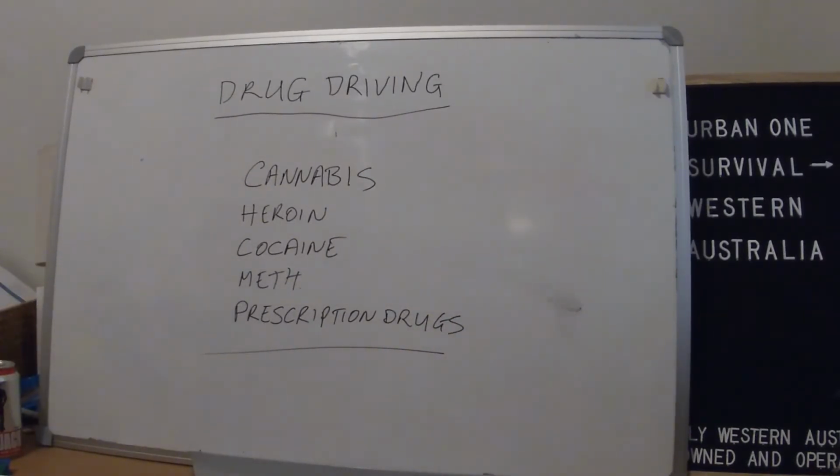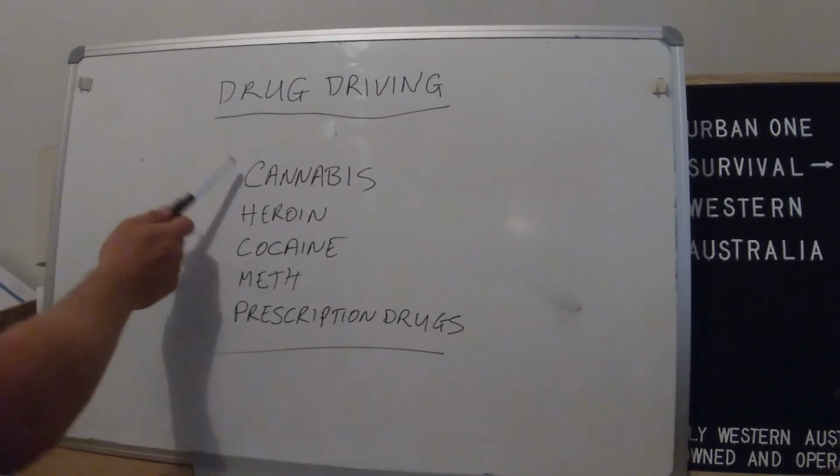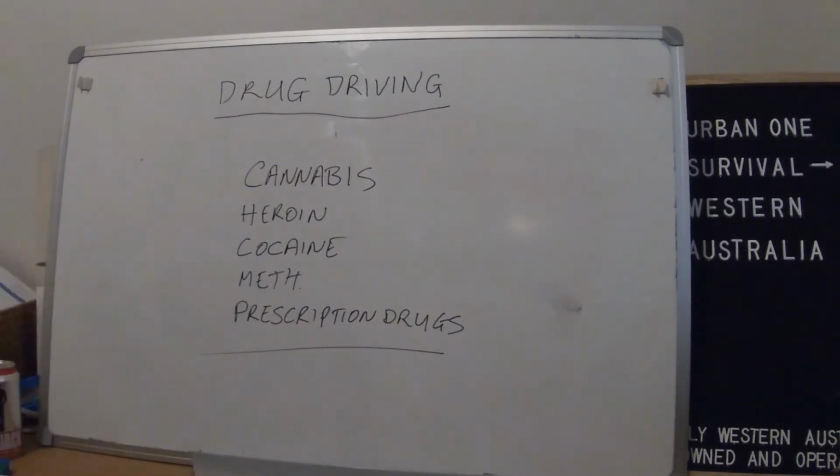They are not the only ones that they test for, but they're the main ones, because in Western Australia, we have a cannabis, heroin, cocaine and a meth problem. It's not extensive. It's not like some other places in the country. It's not like some other places in the world.